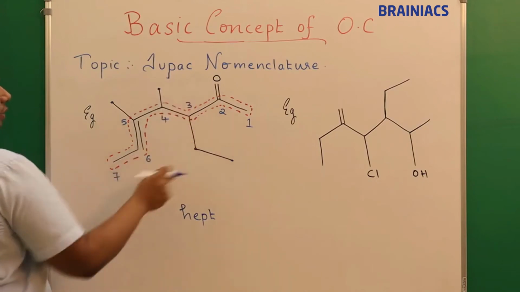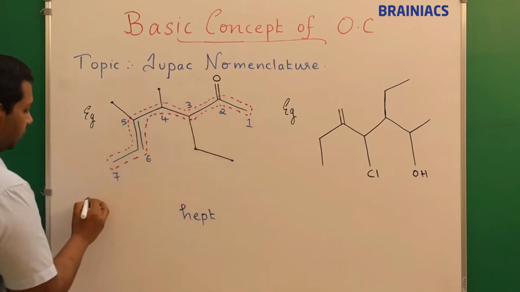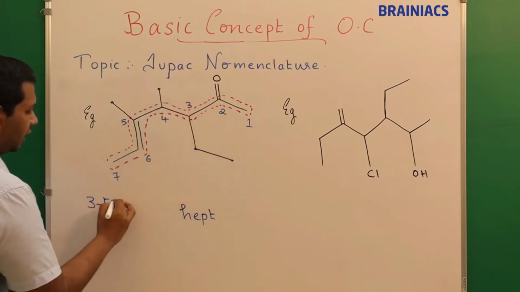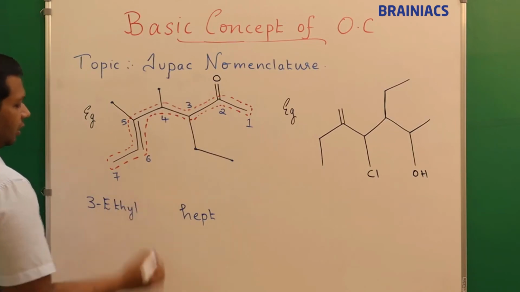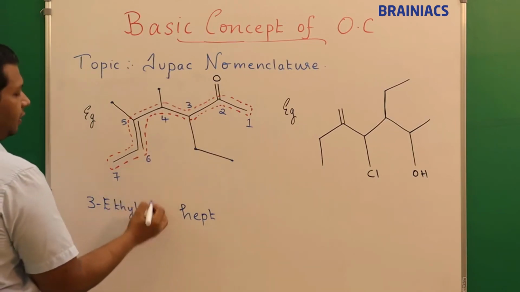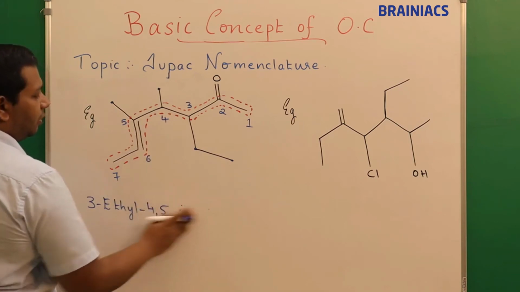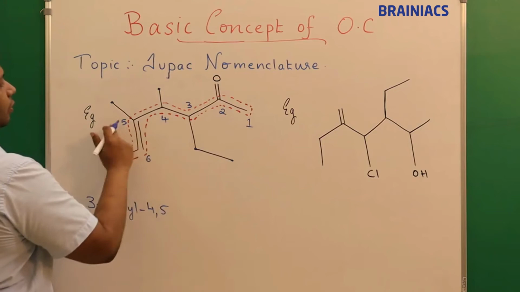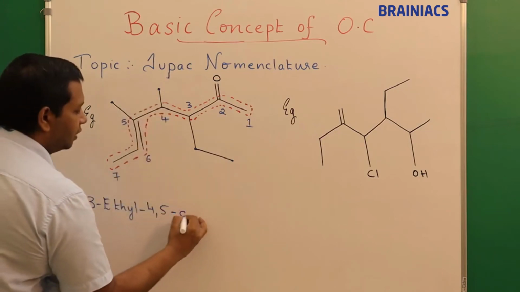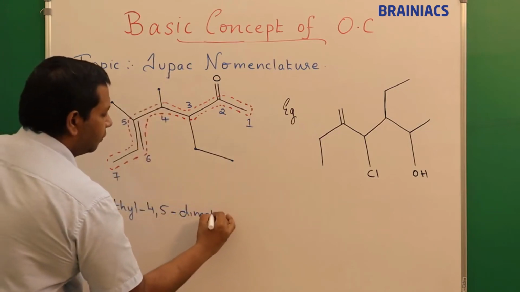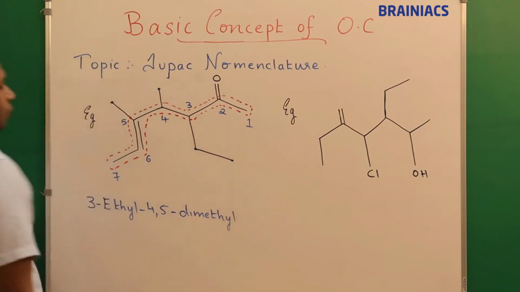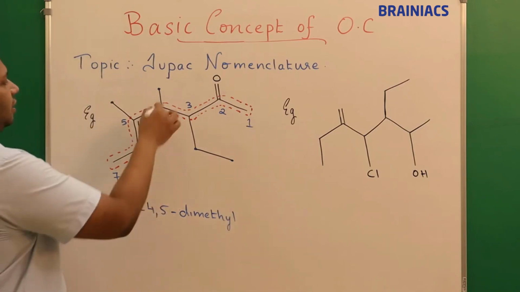So at the third position you have an ethyl group, so we will start with 3 hyphen ethyl. Then hyphen, 4 comma 5 hyphen dimethyl. That is what I have written.